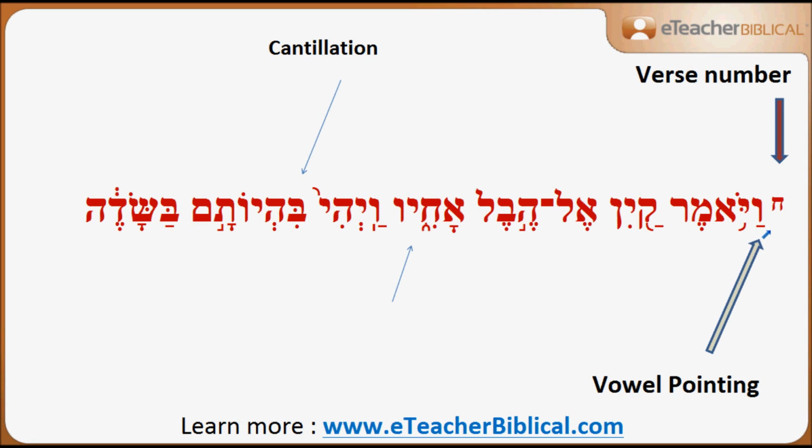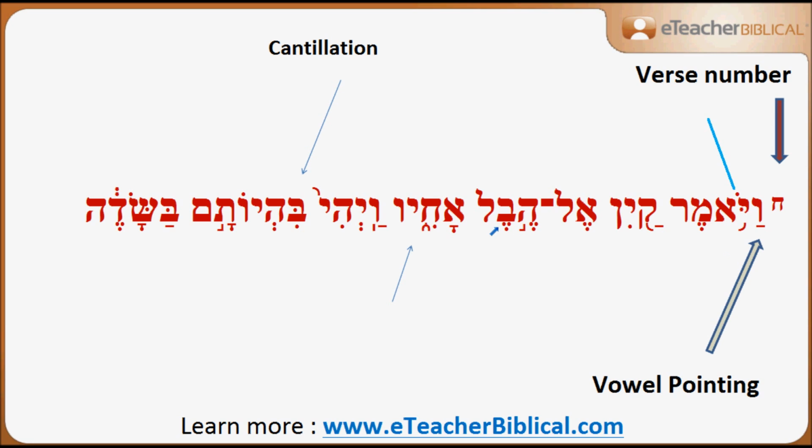One of them indicates the vowel pointing, like this line here, this cluster of grapes here. Many of them appear below the text. Only one vowel appears on top, very up high, like this one, which is called the cholem. It makes the O sound. So that's one part of the points and dots.